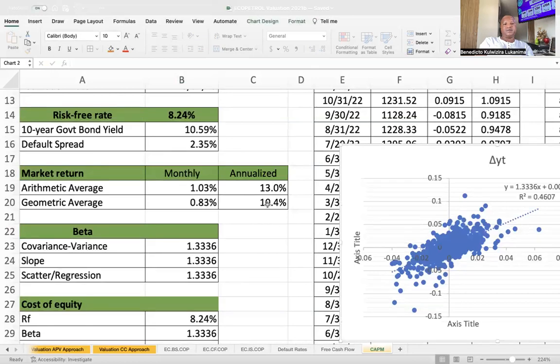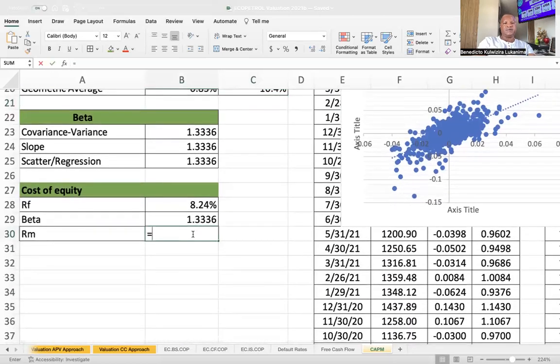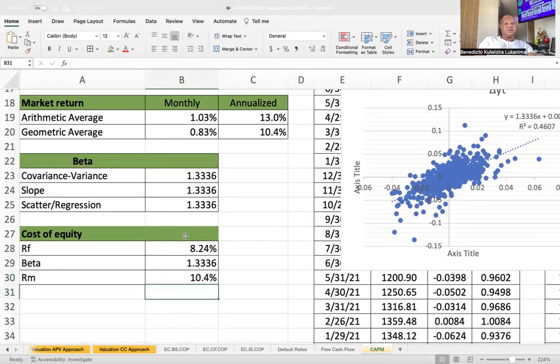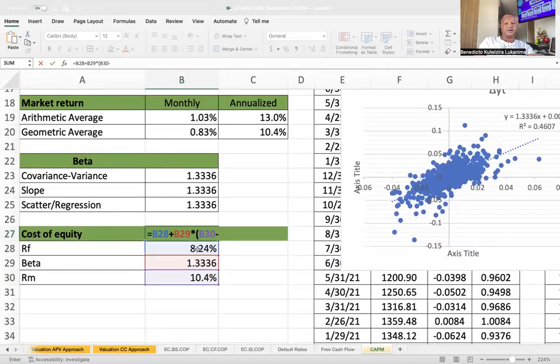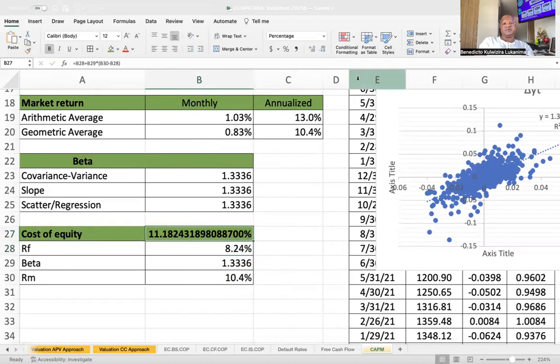I'm going to use geometric. So cost of equity should be equal risk-free rate plus beta times expected market return minus risk-free rate. Put it in only 1, 2 decimal places, okay.